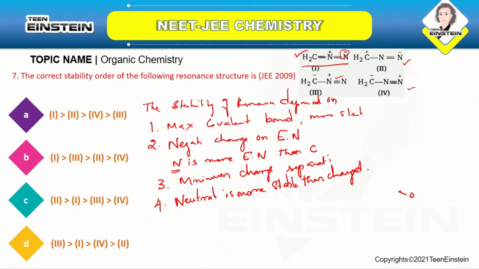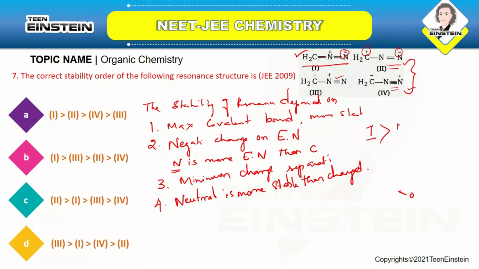Between the second and fourth, the second is more stable because the negative charge is on an electronegative atom and the positive charge is on an electropositive atom. So the first stable resonating structure is the first option.